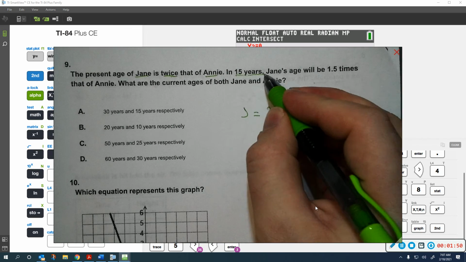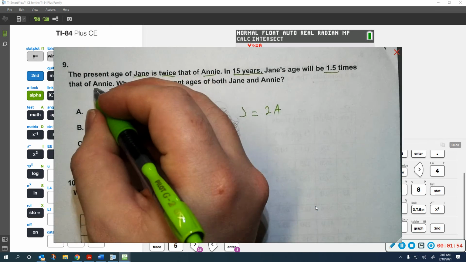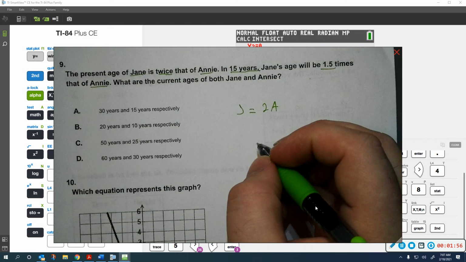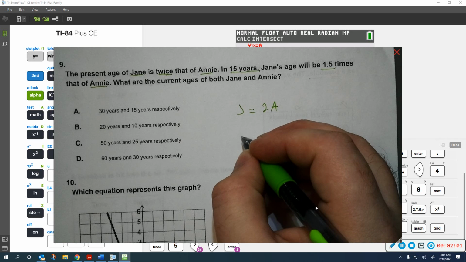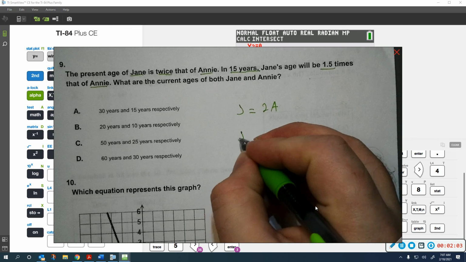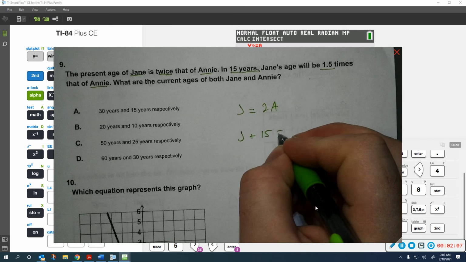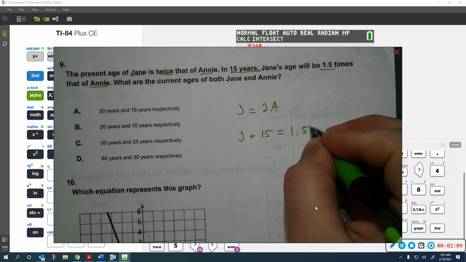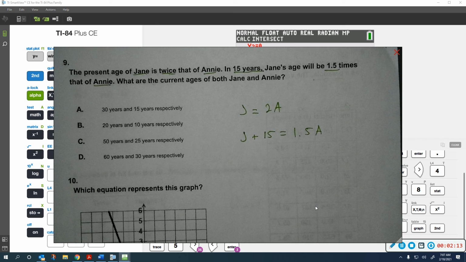In 15 years, Jane's age will be 1.5 times Annie's. So Jane plus 15 should equal 1.5 times Annie.